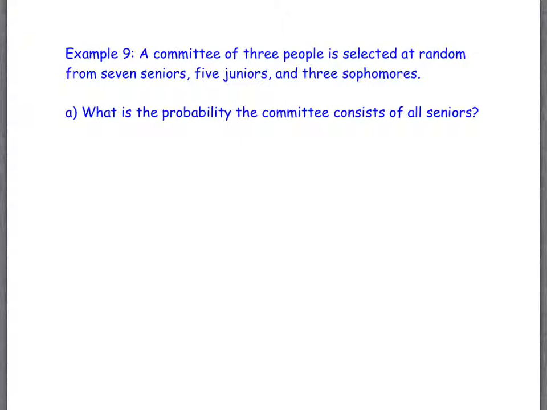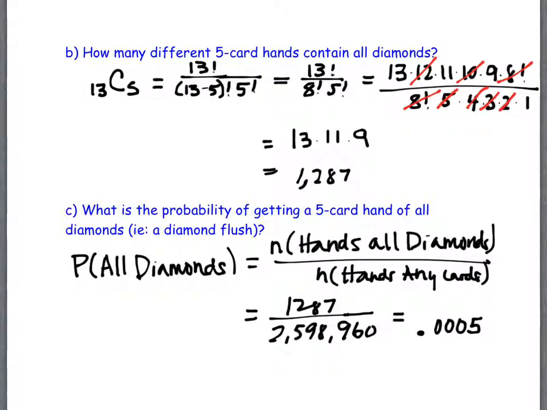We have a committee of 3 people, and it is selected at random from 7 seniors, 5 juniors, and 3 sophomores. We want to know the probability the committee consists of all seniors. So what we're going to do is basically take the same model that we did back on example 8, but we're starting with question C. They just say from the get-go, what's the probability of this happening?